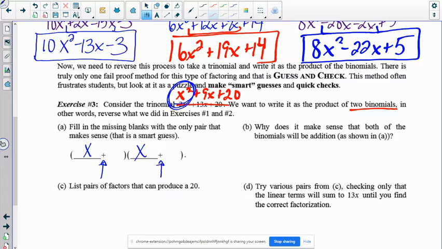Why does it make sense that both of them will be plus plus in my binomials? What we're going to do here is go a little bit to the end. We're jumping around here. I need two numbers that multiply together to be a positive 20. Those last two numbers multiply together to be positive 20.